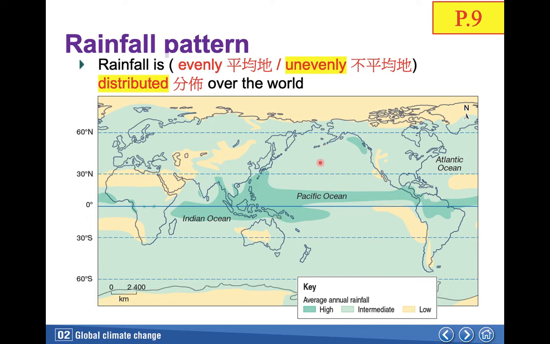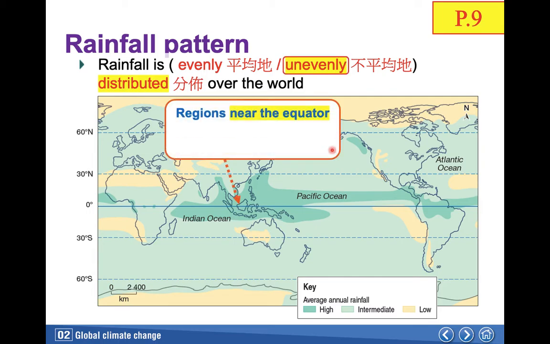The lighter green parts are the intermediate rainfall zones, while the yellow parts, which look like sand, are the low rainfall areas. From here, you can also see that the regions near the equator again get more rainfall, so they are wet throughout the year.